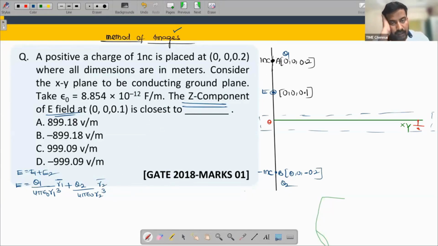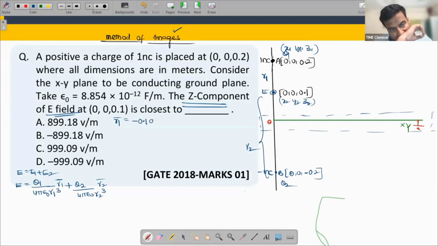So if I want to find R1, this is R1 and this is R2. For R1, this is X1, Y1, Z1 source point, destination point X2, Y2, Z2. Then this will be X2 minus X1 AX plus Y2 minus Y1 AY plus Z2 minus Z1 AZ, that is minus 0.1 AZ.